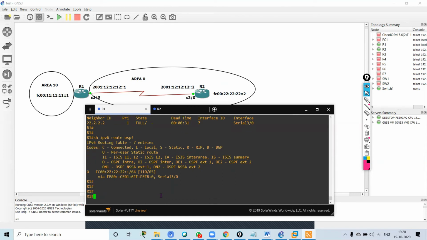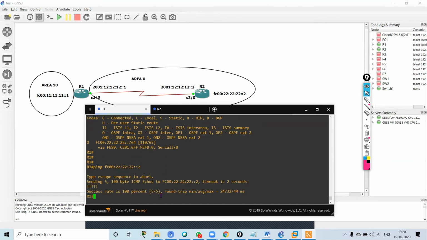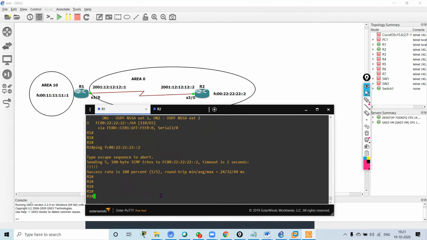This is how I can configure OSPF. FC00::22:22:22:2. I am able to reach. I can reach.